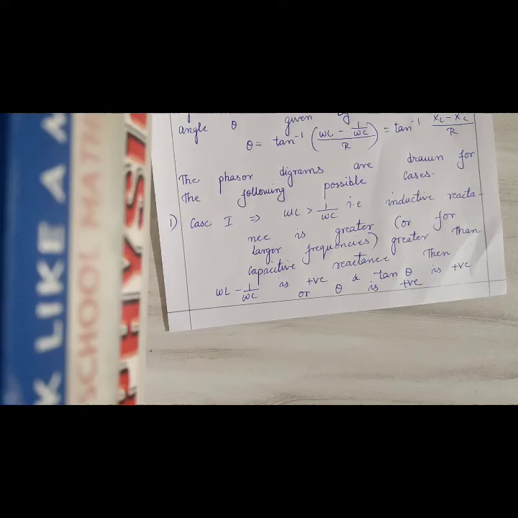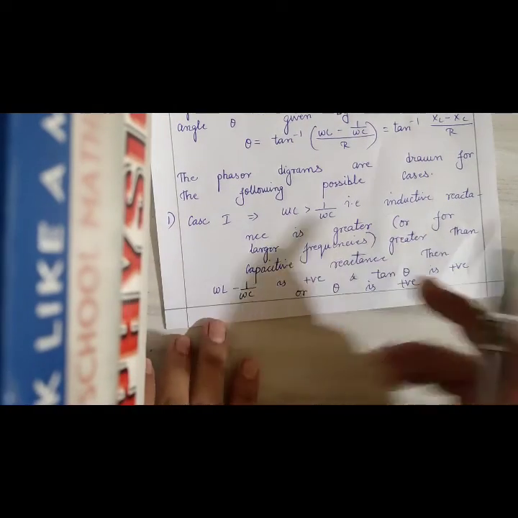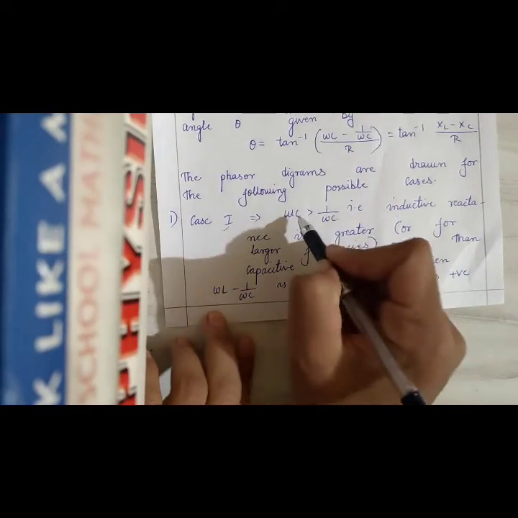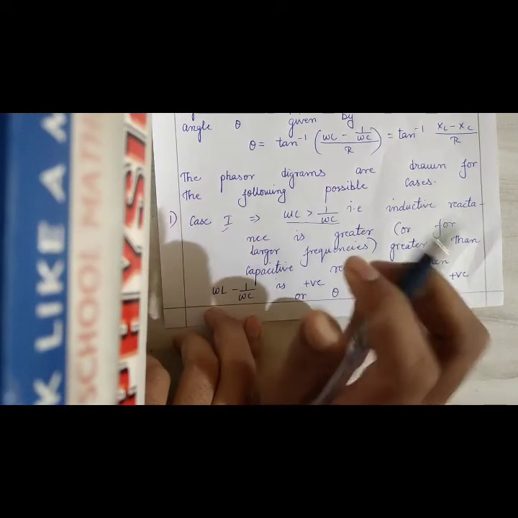We can see here the phasor diagrams that are drawn for the possible cases that we had already discussed a little about. For case number 1, when omega L is greater than 1 over omega C, that is inductive reactance is greater than capacitive reactance, then omega L minus 1 by omega C is positive, and tan theta is also positive, or theta is positive.